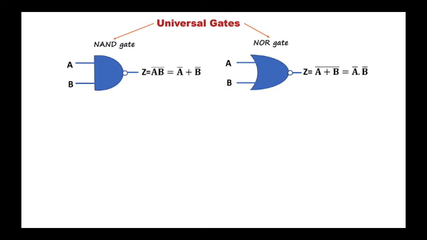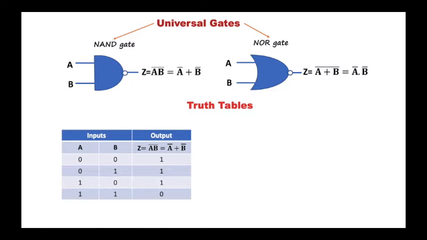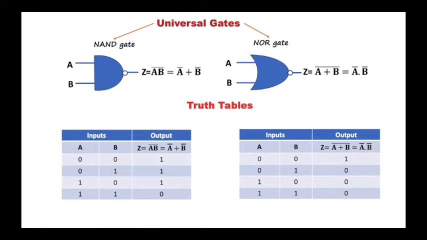The NOR gate is actually OR gate plus NOT. So here you can see the output is the OR operation and its bar equals A bar dot B bar. Now this is the truth table of the NAND gate, and this is the truth table of the NOR gate.